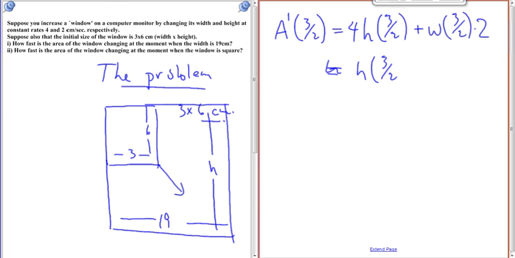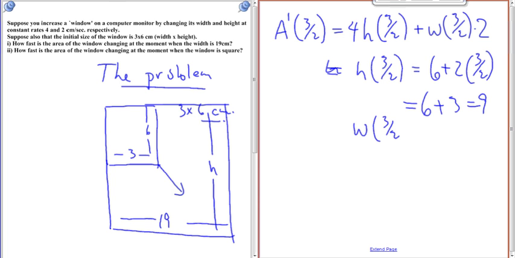H at a second and a half, well, that was 6 plus 2 times a second and a half equals 6 plus 3 equals 9. Likewise, the width must be 9 at that time, 9 centimeters, because the window is square at that time. That's the time when the width and the height are equal.